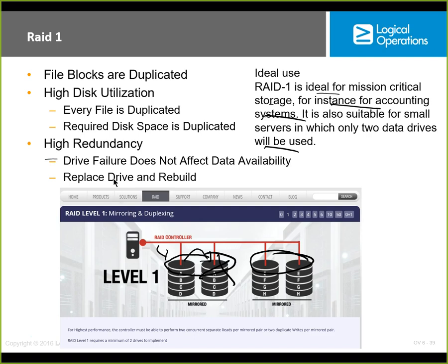So we do that. We have these issues here. So this one is the one that really has lots of redundancy, but it does have some speed issues because we have to write the data twice on it.